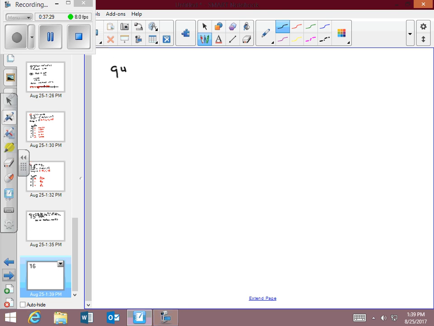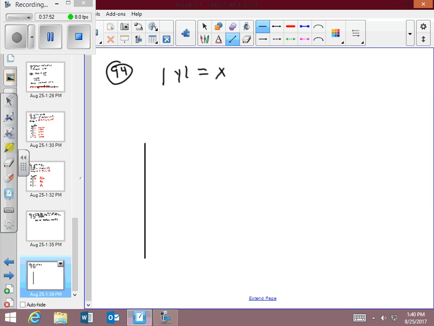94. Find the set of ordered pairs x, y. So this is the relationship. And they're saying, is that relationship, does it express a function? So what you want to do to try to figure this out is do your x, y's.